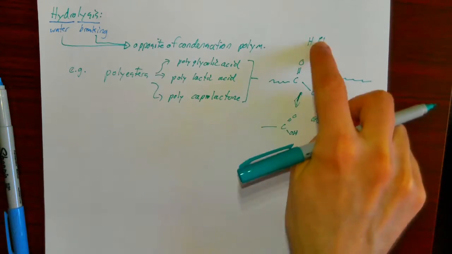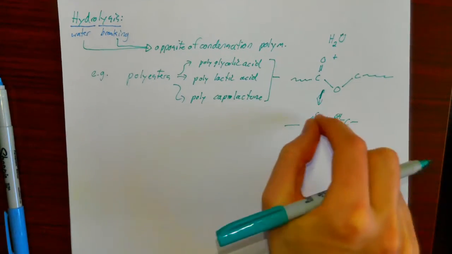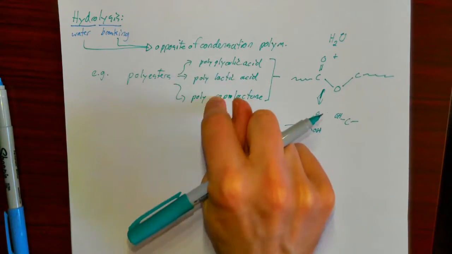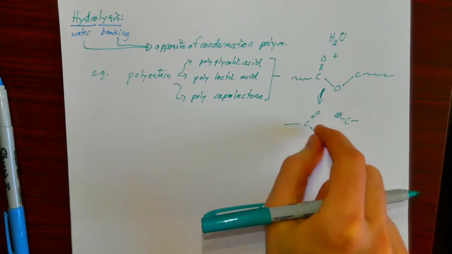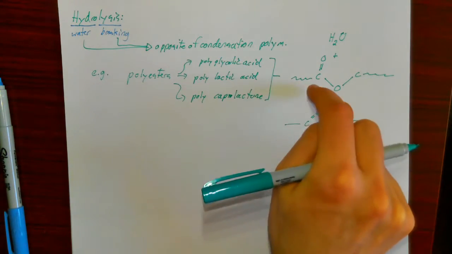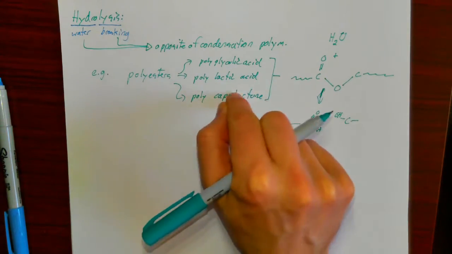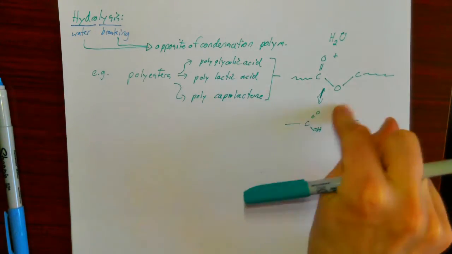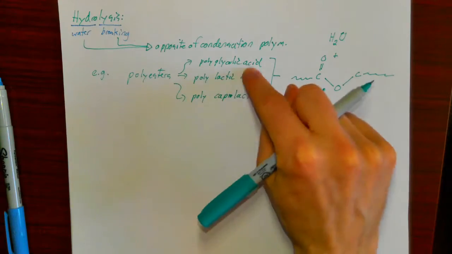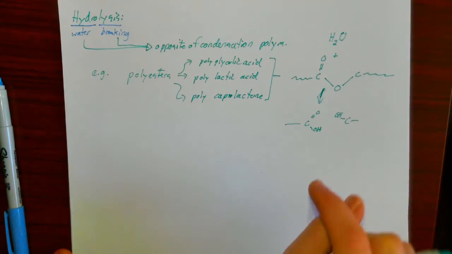So this water comes in and cleaves this bond. These polymers all differ from one another in terms of what's between these ester bonds. Polyglycolic acid has relatively few atoms between these bonds, and polycaprolactone has more. But the key takeaway is that all of these have this ester bond, and this ester bond can react with water to split it apart.